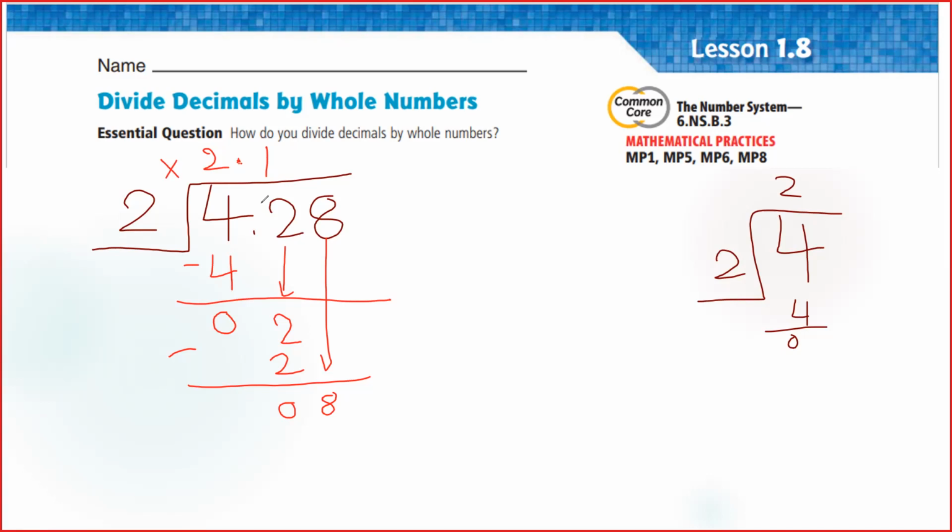I bring 8 down. Then 8 divided by 2 is 4. 4 times 2 is 8. So the remainder is 0. So the quotient of dividing 4.28 by 2 is 2.14.